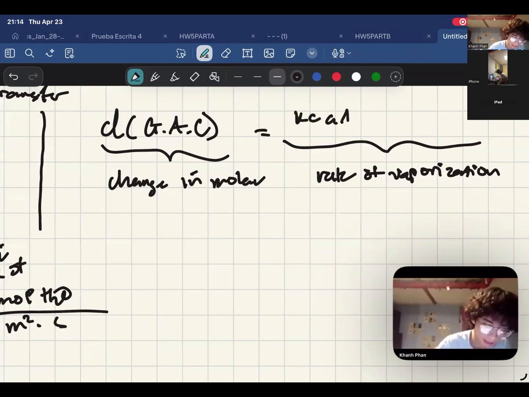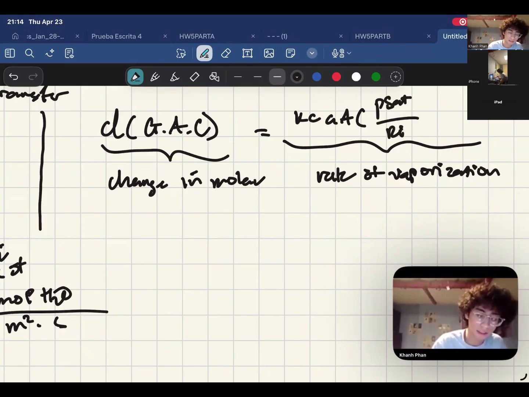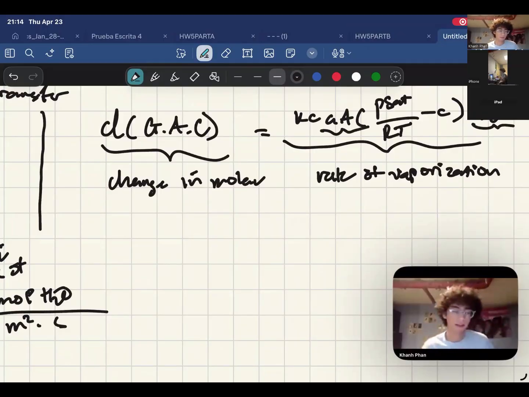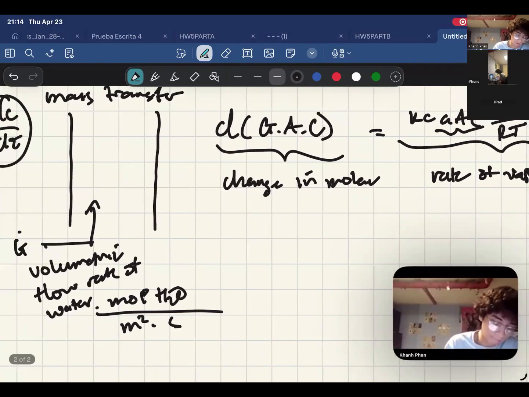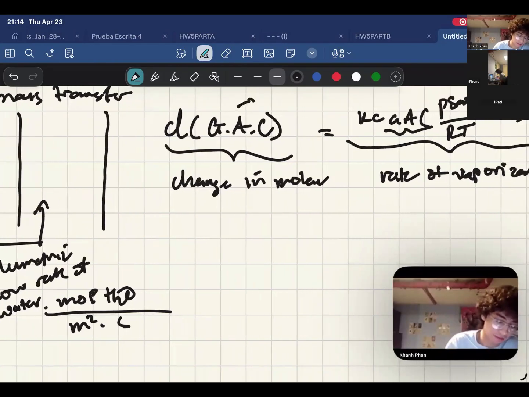C times packing A times concentration minus the rate of concentration of water. Change in concentration of water would be again P sat over RT minus C. And then finally times dz because we're gonna make this surface area. All right. So we know that over on the left side, the area doesn't change, surface area doesn't change.